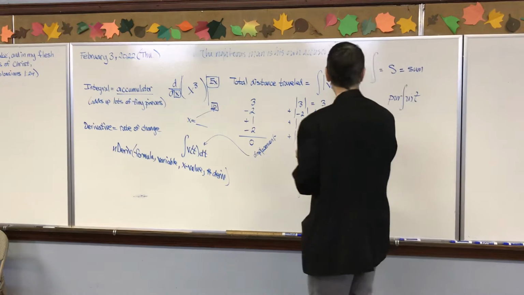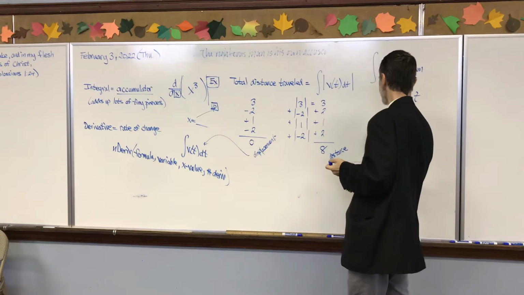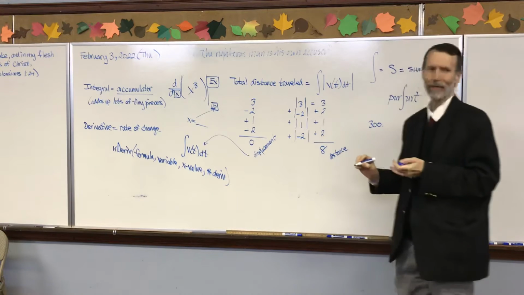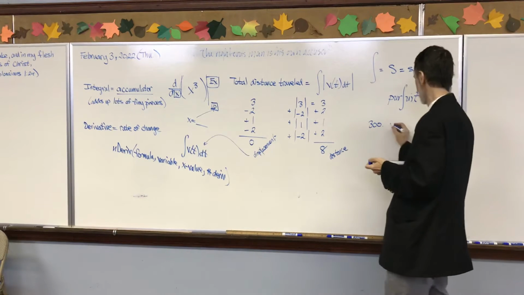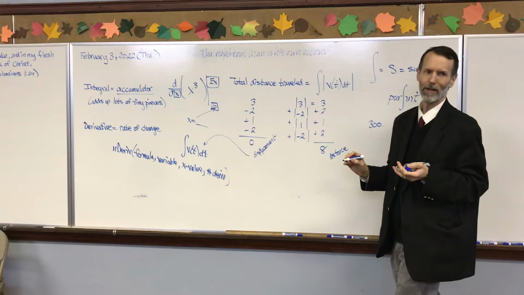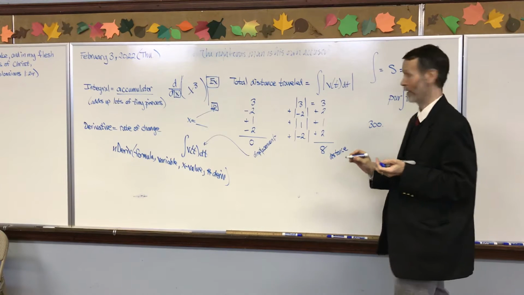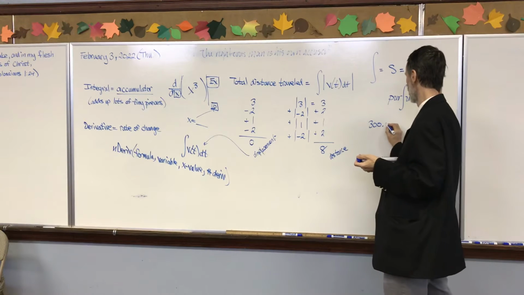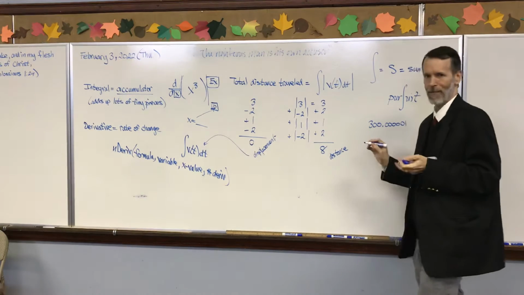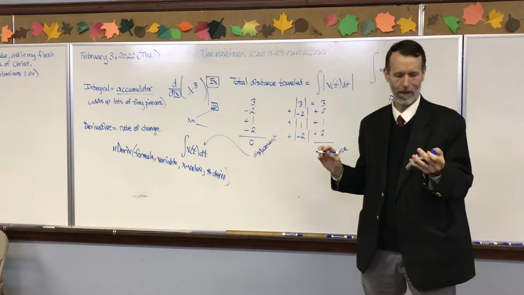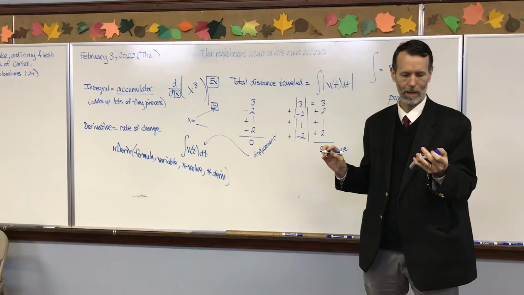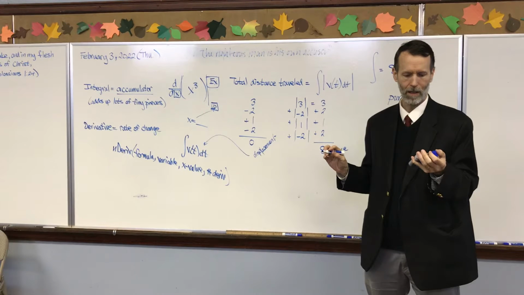I got 300 point something. Give me the something. Point 0, 0, 0, 0. Was it 300 or 301? Just 300. Point what again? Five zeros and a 1. Max, what did you get? 300.0000000. That's five zeros and then 1.